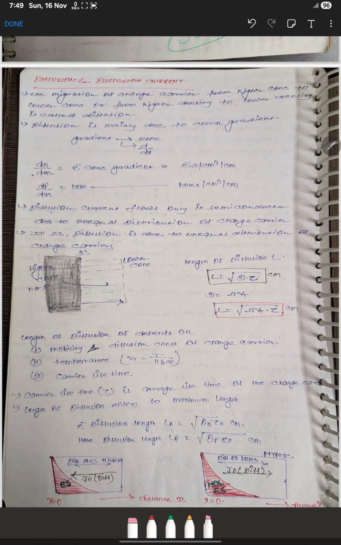Diffusion current flows only in a semiconductor, due to unequal distribution of charge carriers. In the figure, this region is of higher concentration of electrons or holes, region 1, and region 2 is of lower concentration.